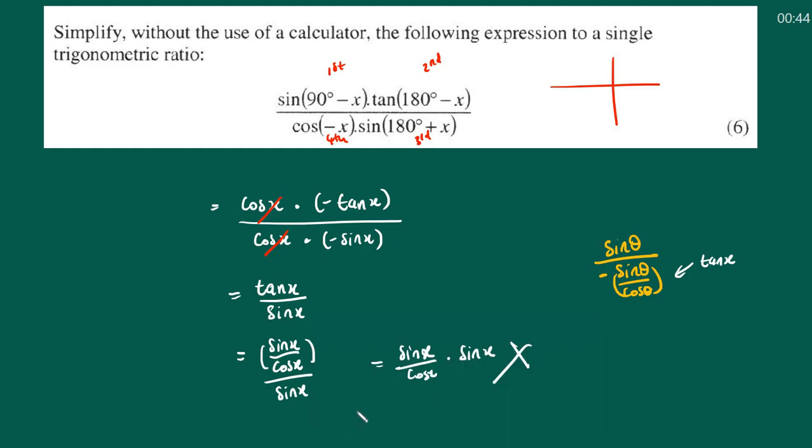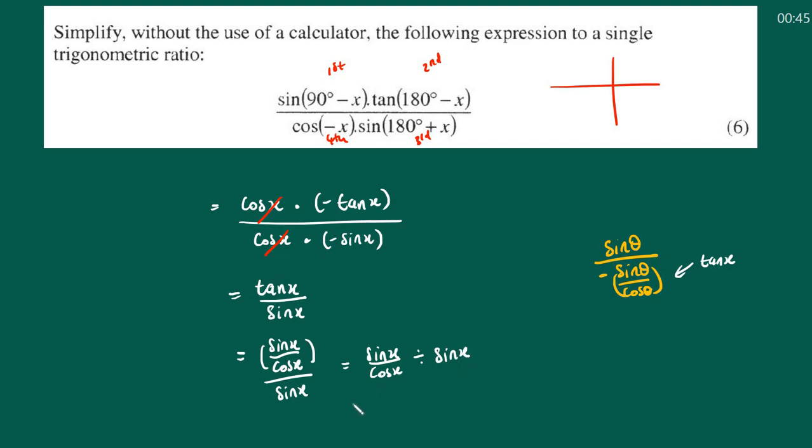Rather, what we can do is say the whole thing, since it's divided by sine x, we can say sine x over cos x. Then change this side now. Use the grade 1 method. Change that to sine x.